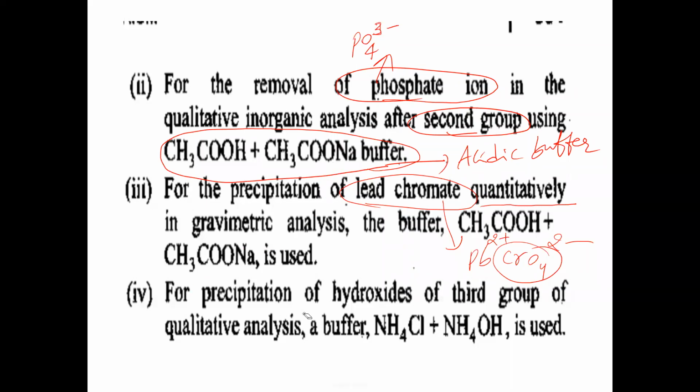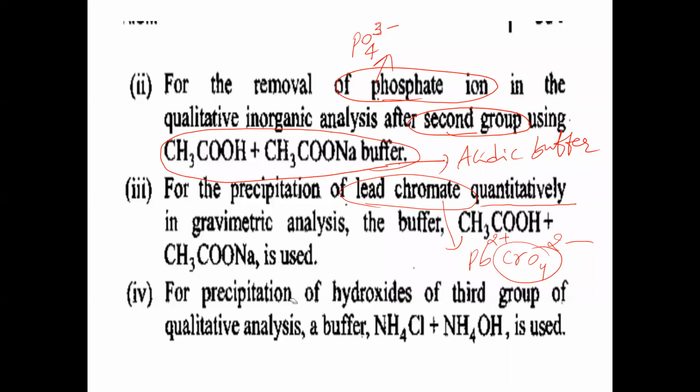Next, for precipitation of hydroxides of third group in qualitative analysis. In previous topics, we have discussed first group, second group, third group cations. I have given one chart of the different group cations; once again, I will send it today. Go through that.